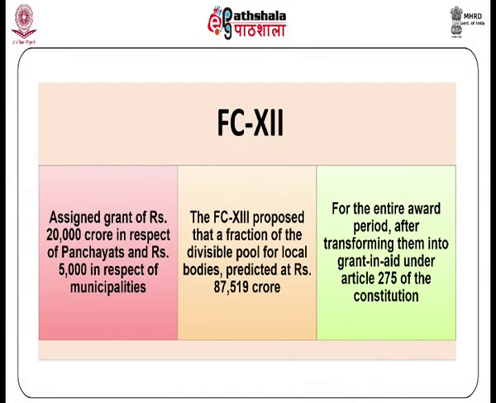The FC13 proposed that a fraction of the divisible pool for local bodies, estimated at rupees 87,519 crore for the entire award period, be transformed into grant-in-aid under Article 275 of the Constitution.